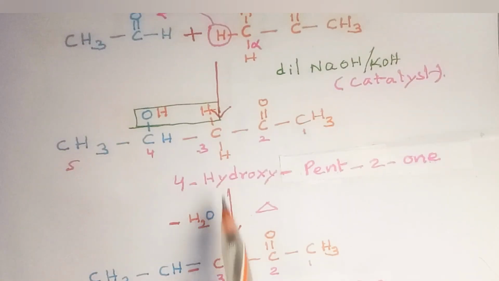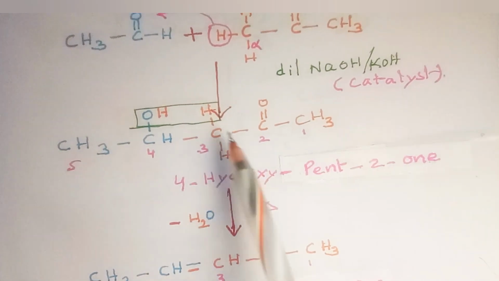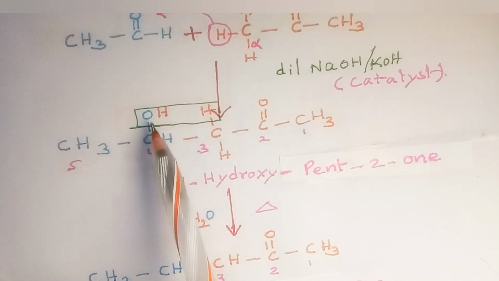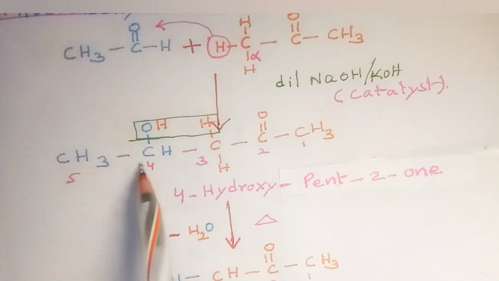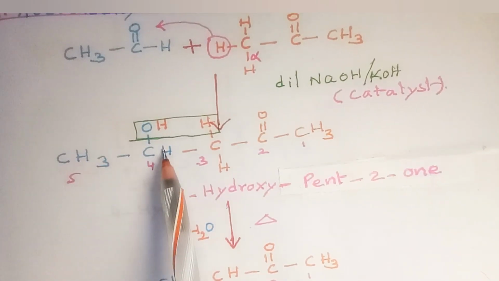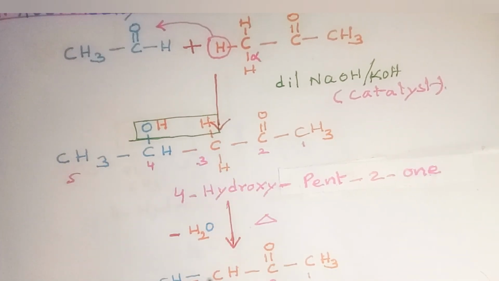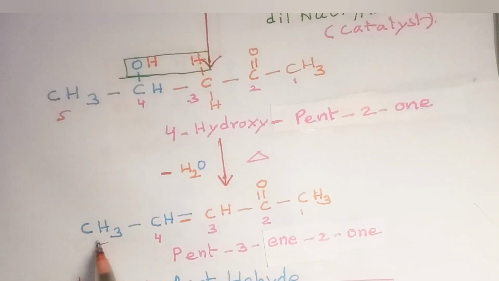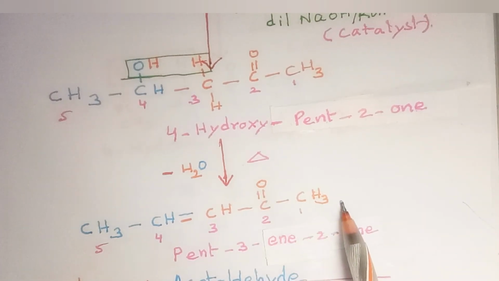This water molecule is made up of 2 alpha hydrogen atoms from this alpha carbon and the oxygen atom from the carbonyl carbon of the first reactant. So this carbonyl carbon will form another bond with this alpha carbon to form a double bond here. So we get CH3, CH, double bond CH, C double bond O, CH3.